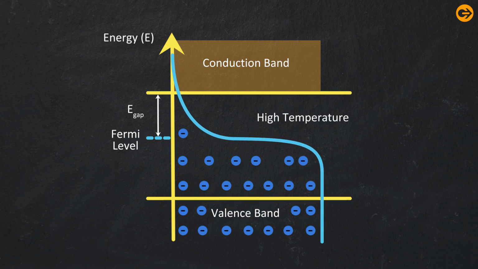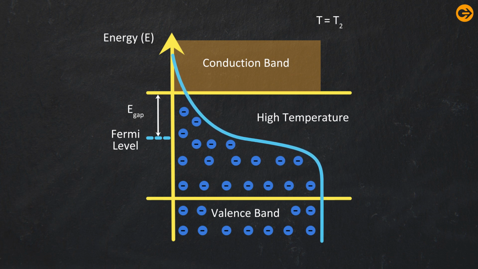At this point, if we increase the temperature further and it becomes T2, that is, T is equal to T2, the path becomes wider and a greater number of electrons will be able to move in the conduction band.